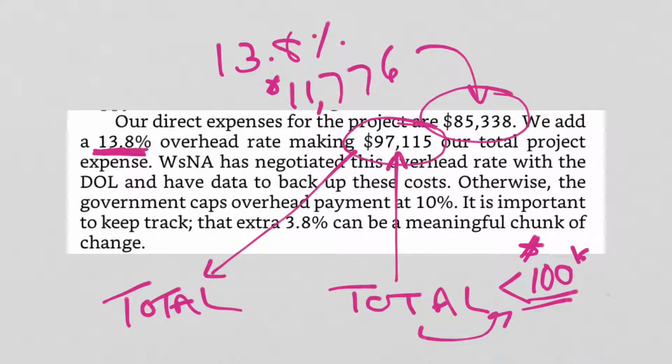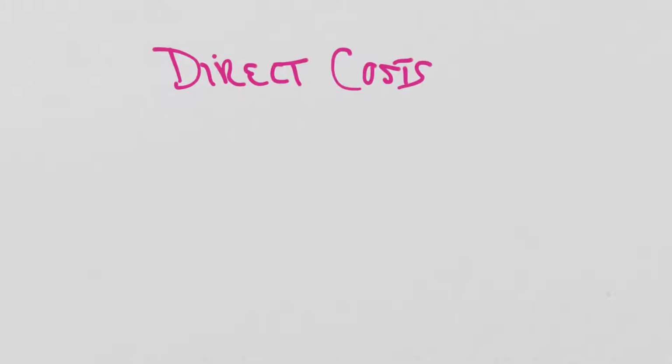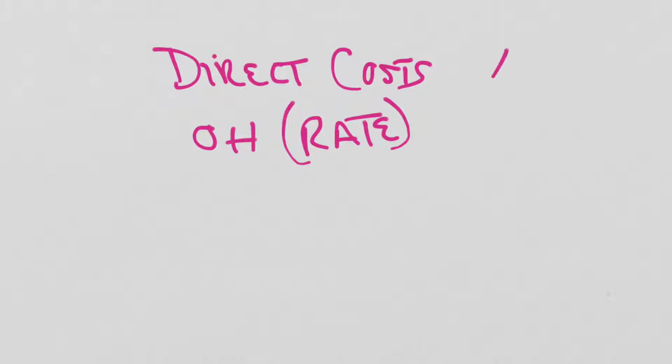It all depends. Some grants allow the following. Let's do another example, just for the heck of it, and for good reason. Some grants will say you're allowed your direct cost, you're allowed your overhead, and by the way, there are direct costs that are allowed and direct costs that are unallowable. You're allowed your overhead based on your rate. We've seen what that looks like. So that'll be another number, and we'll get a total.